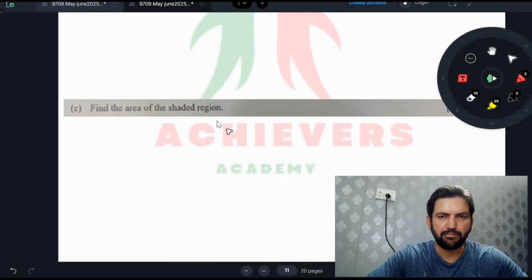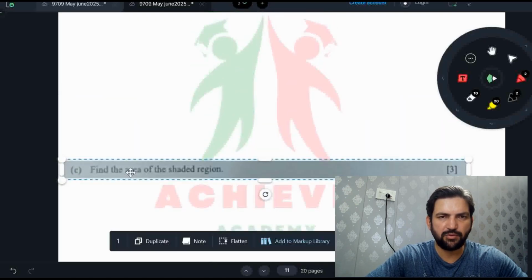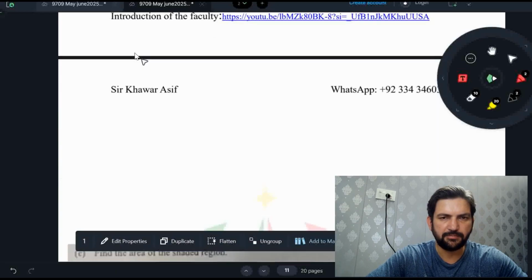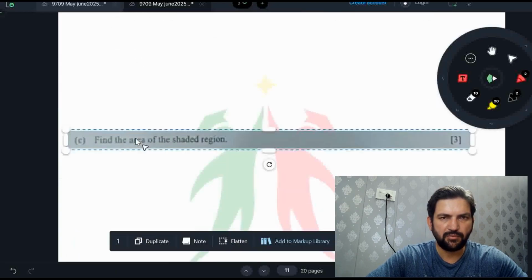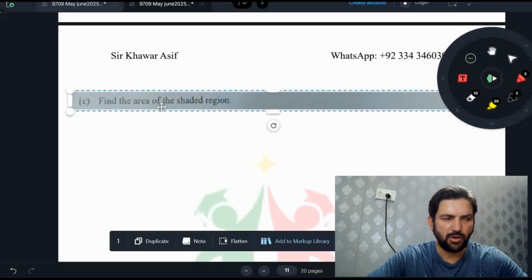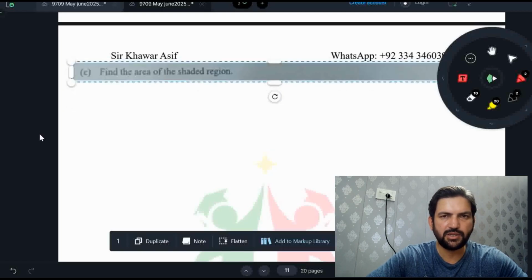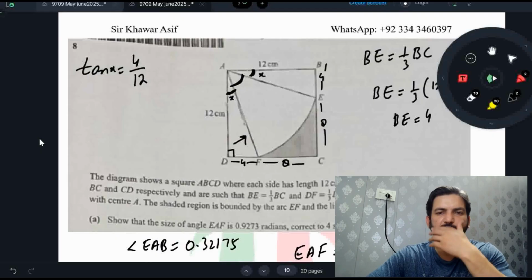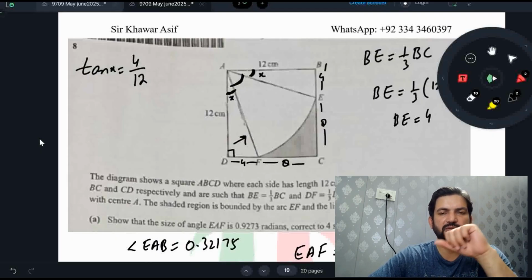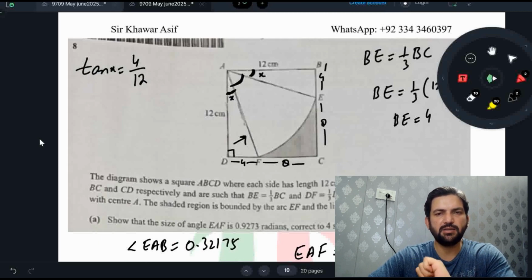Now in the C part, what we have to do is find the area of the shaded region. How do we find the area of the shaded region? It's very simple: from the area of the square, we subtract the area of both the triangles and the area of the sector.